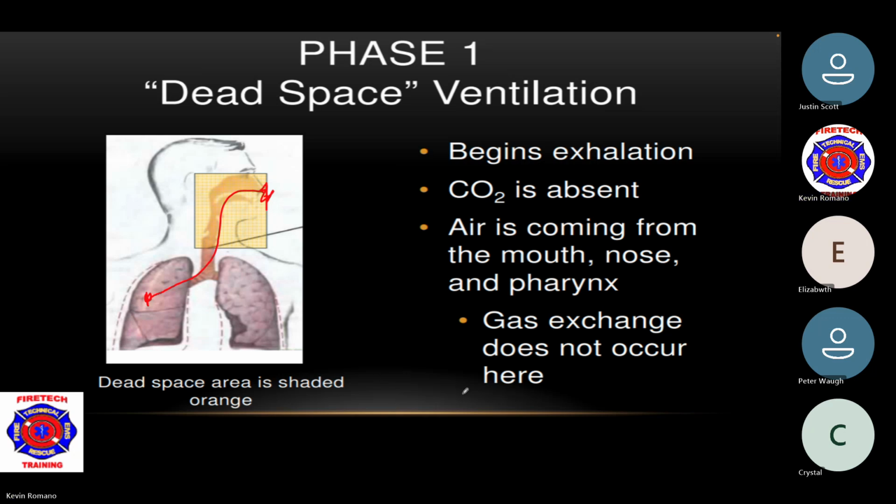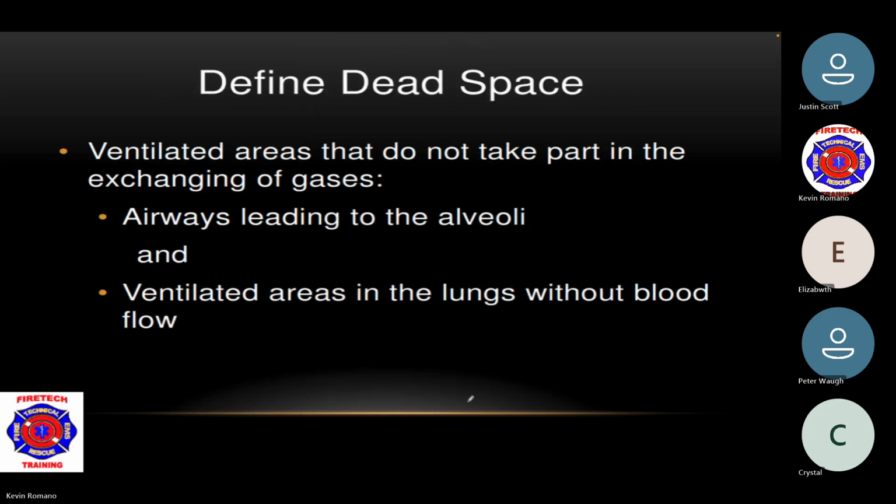These are ventilated areas that do not take part in the exchanging of gases. Like I mentioned before, that includes airways leading to the alveoli and ventilated areas in the lungs without blood flow. Dead space is anything that's hollow and open that doesn't involve the actual exchange of gas.